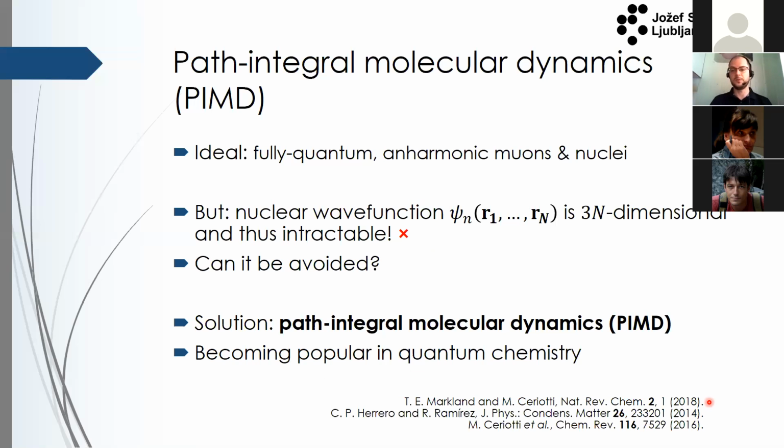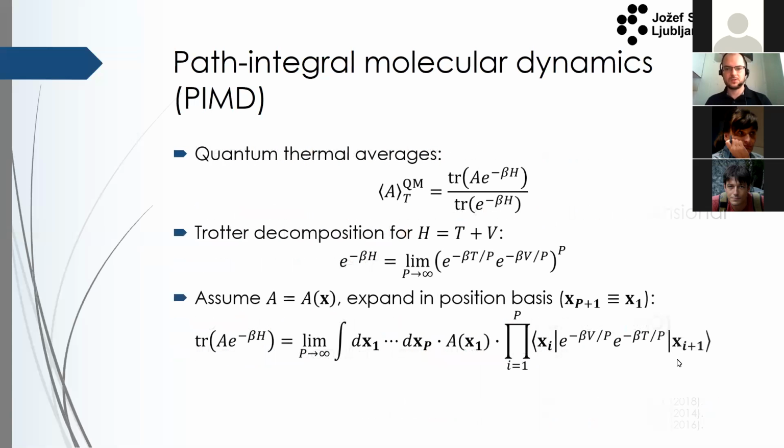So with the advent of huge computational capacity in supercomputers that's increasing year by year, these kinds of calculations, which were previously too hard to do in practice, are now becoming feasible and are more and more routinely solved on supercomputers. Okay, so how does path integral molecular dynamics work?